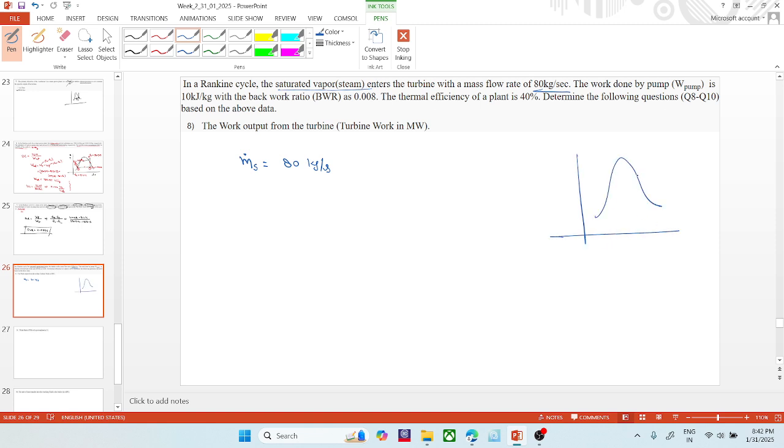So the entry point is this, then 2, 3, and 4.